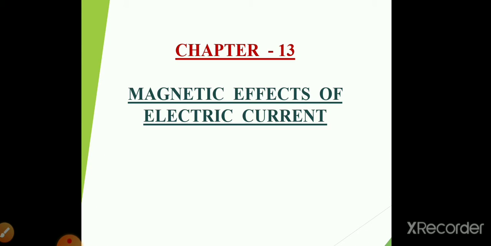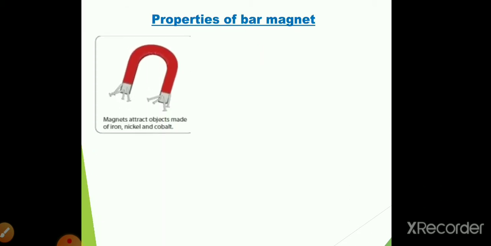What are the properties of the bar magnet you have studied? Let us recall one by one. The first property of a bar magnet is that a magnet attracts objects made of iron, nickel and cobalt. That means a magnet has the attractive property.